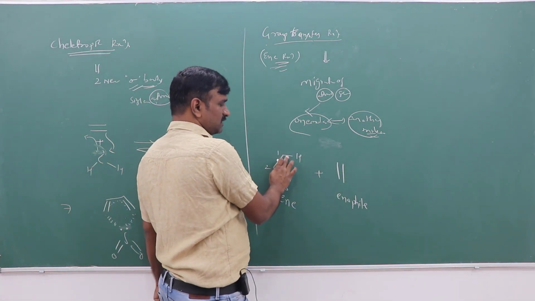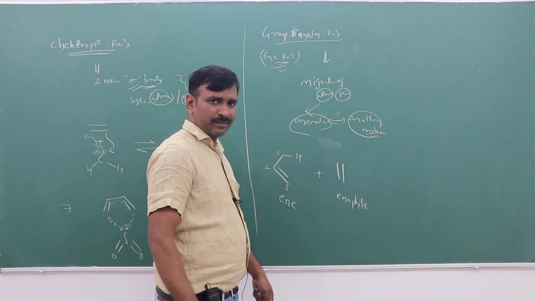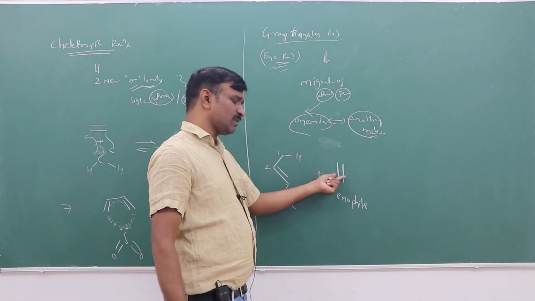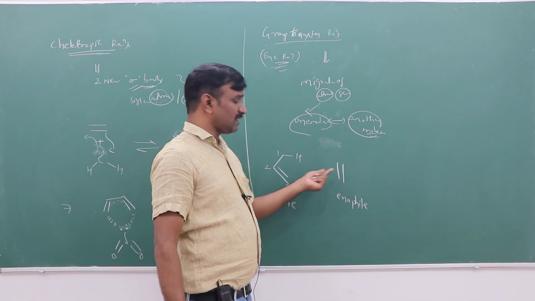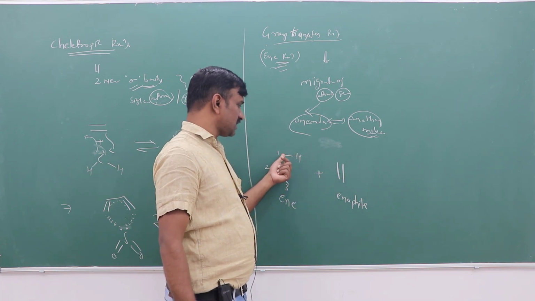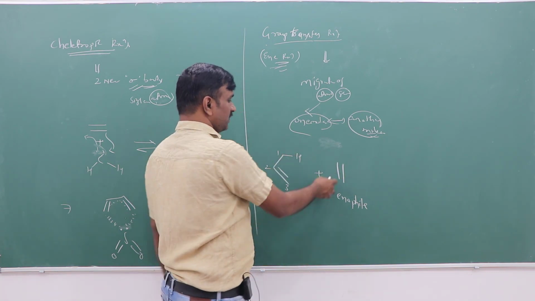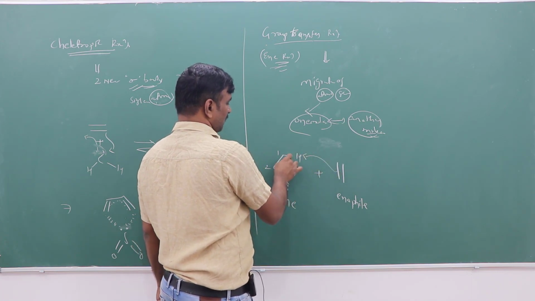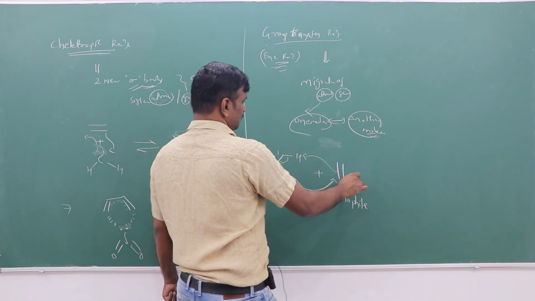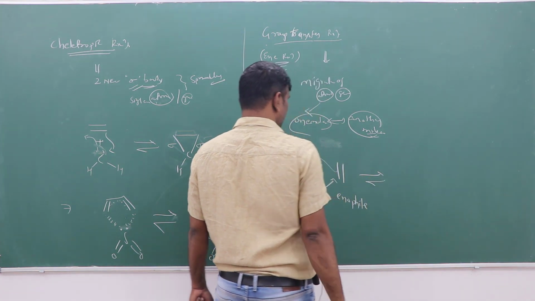Transfer of allylic hydrogen to the double bond, that is the ene reaction. From the ene, the allylic position hydrogen goes to the enophile, the olefin, right? So this reaction is considered the ene reaction.